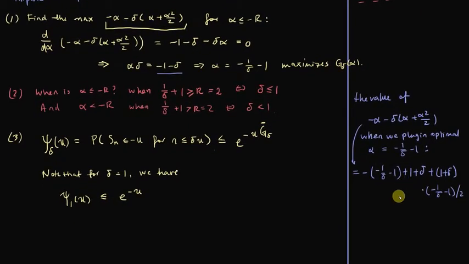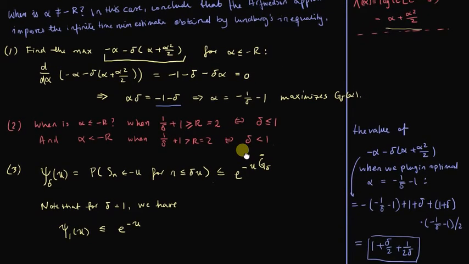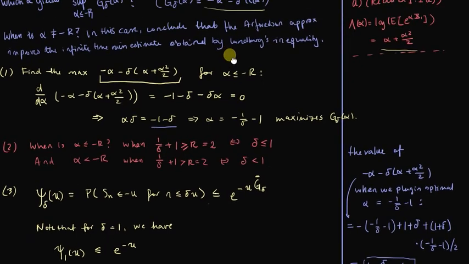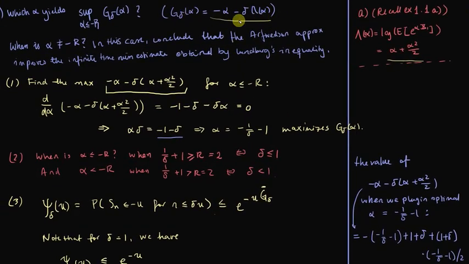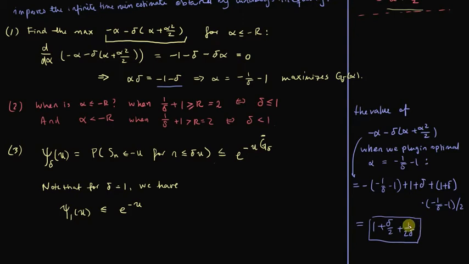Now if we go in and calculate all of this stuff, what you actually get is 1 plus delta halves plus 1 over 2 delta. And when you get this, this is the supremum of our g delta function, for all deltas smaller than or equal to 1.